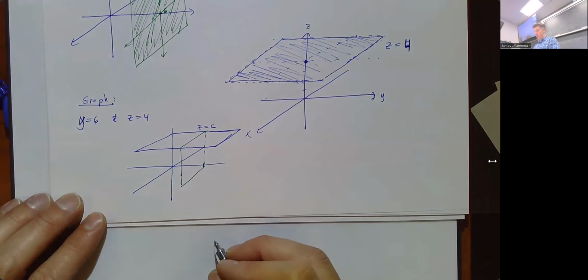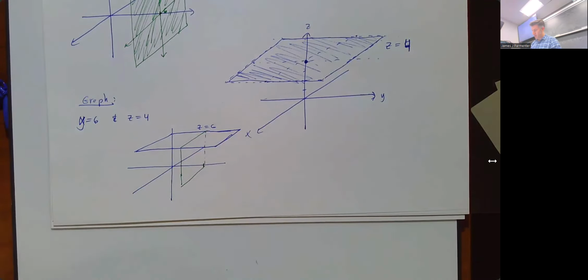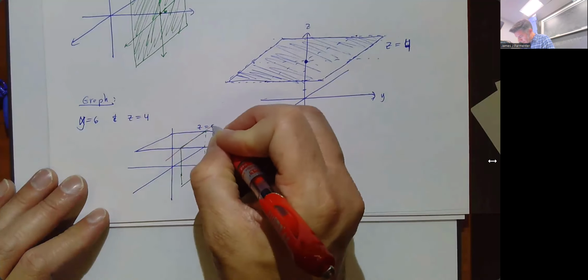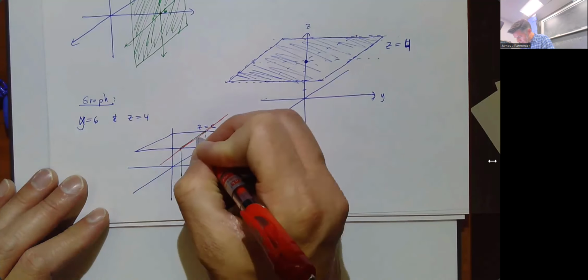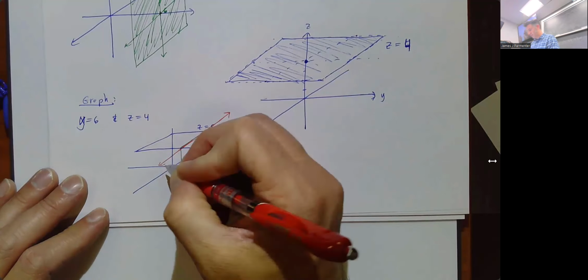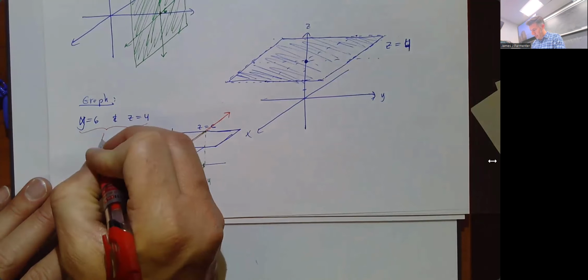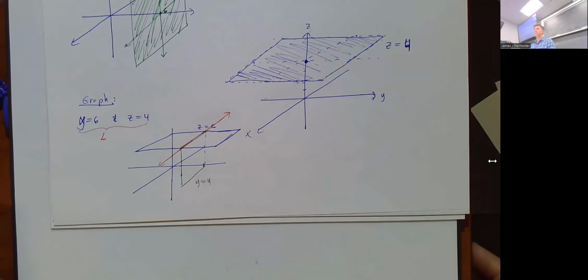There's y equal to 4. And this line, I should label things here. Labeling is important. And then this line here, that is your line of intersection. That is y equal to 6 and z equal to 4.